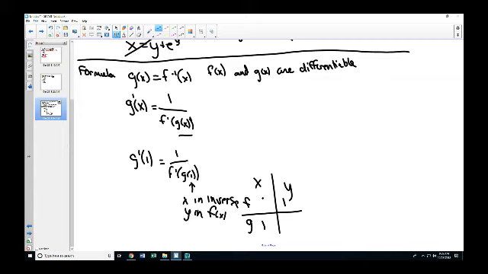Okay, so how do I do that? 1 equals the function. Right, so we're using f of x and all of its properties to figure out the derivative of the inverse. Does anybody know what that x value is?